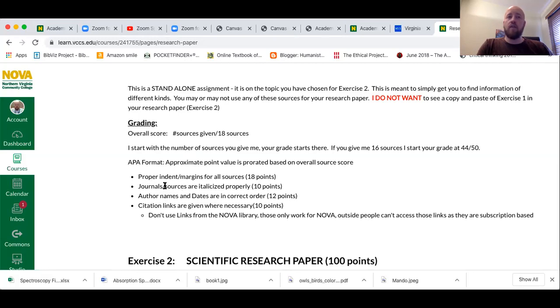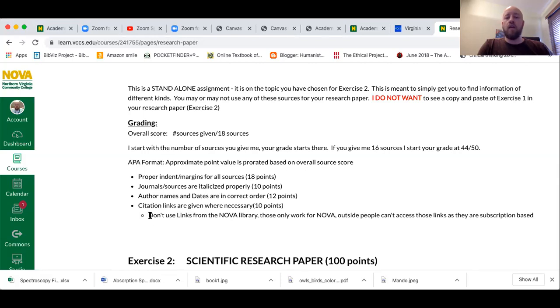Things like journals: a journal in this citation format is italicized. Is the indent and the italics being done properly? There's the proper author name, date associations, and do you give the citation links when necessary?